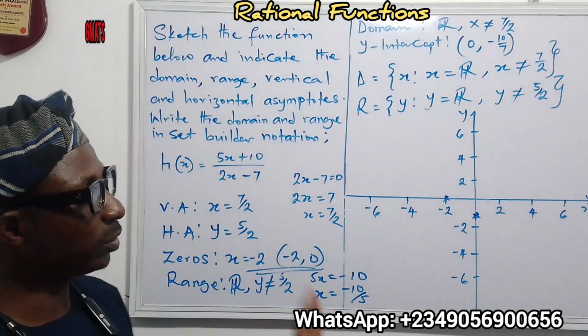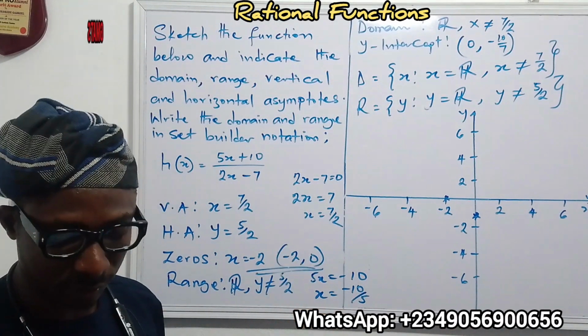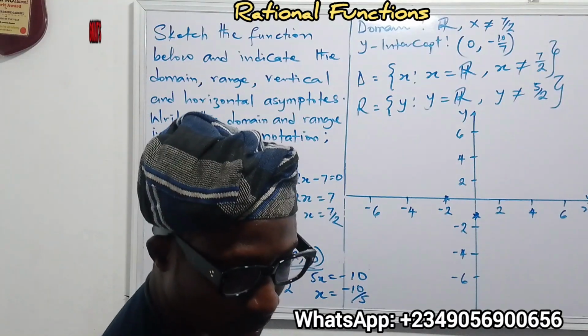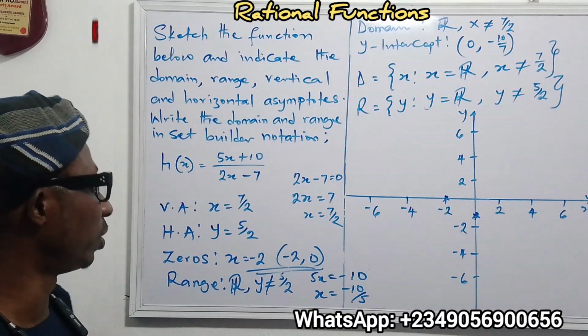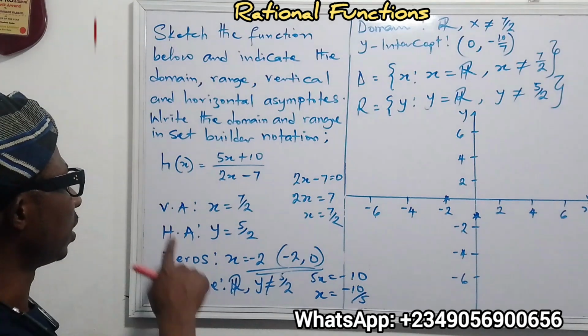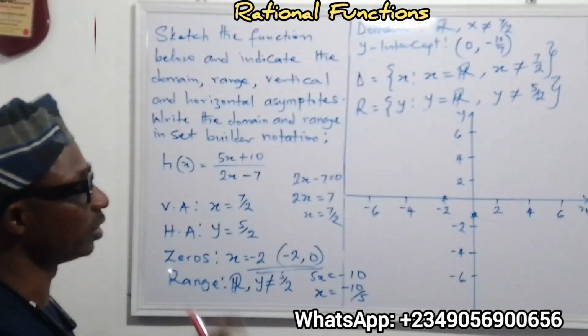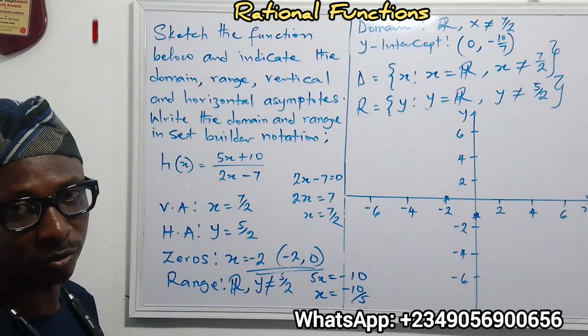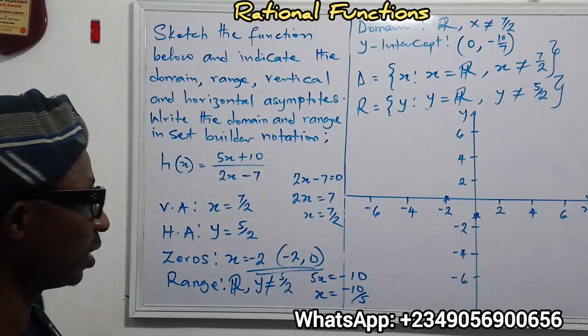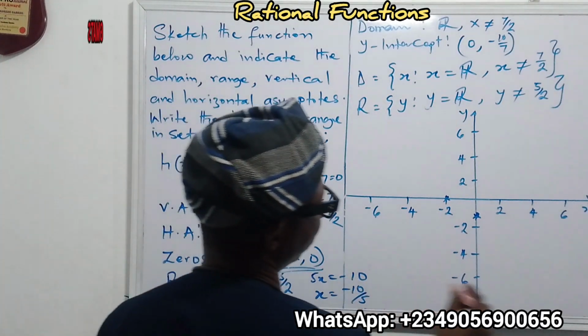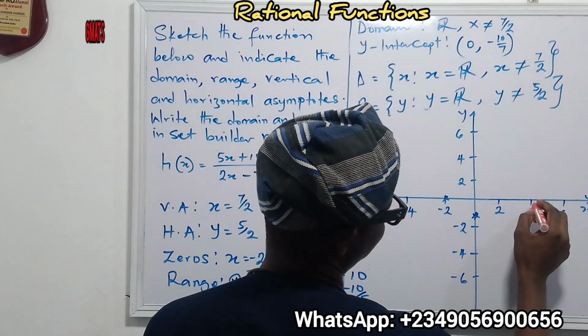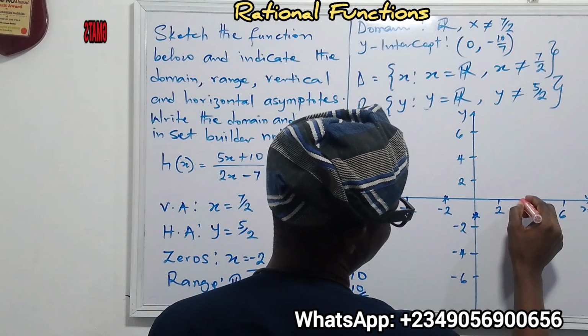Before you draw the graph, you need to draw the lines of asymptotes. It must be drawn. The vertical asymptote is 7/2, the same thing as 3.5, that is x equals 3.5. So 3.5 should be around this place.